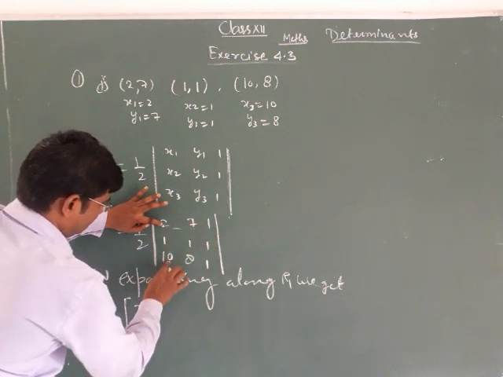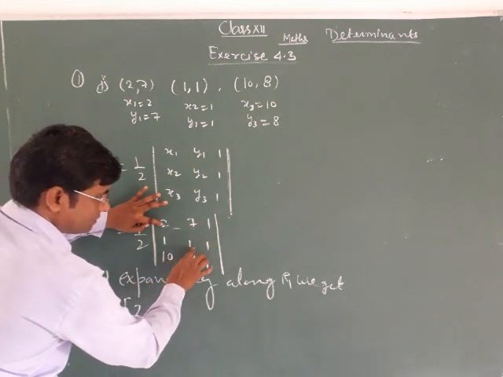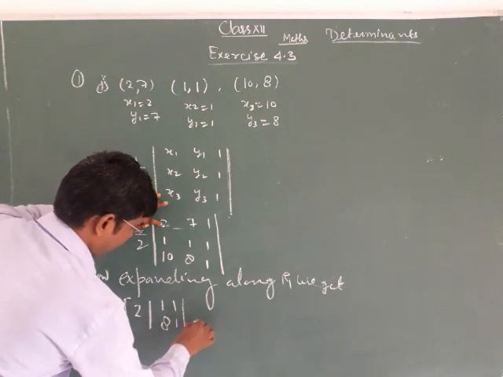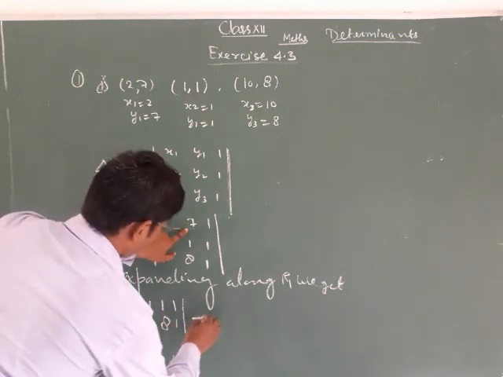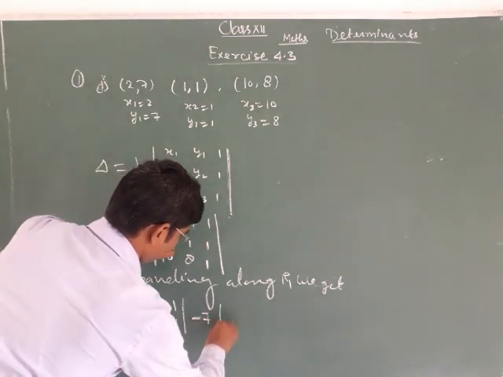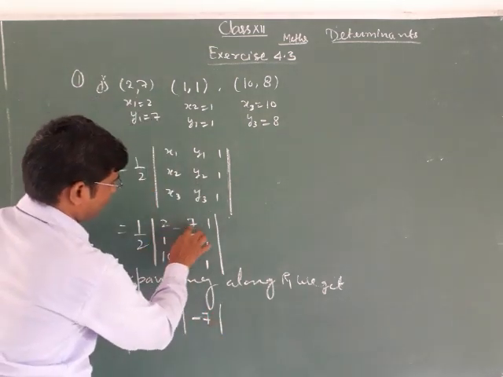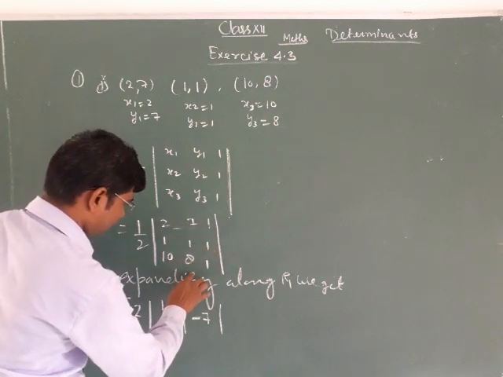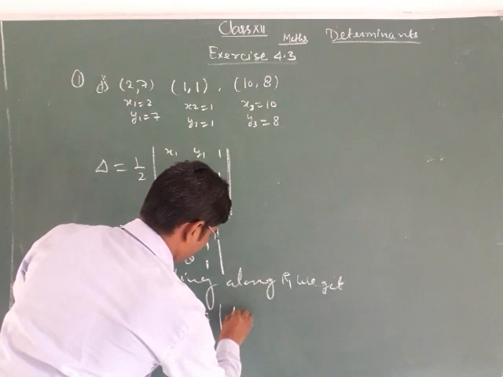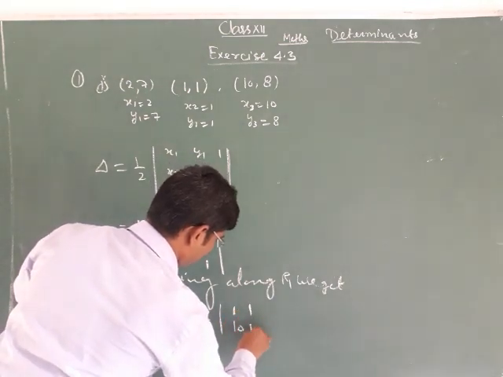Taking 2, we eliminate its row and column, so the rest of the determinant is 1 1 8 1, with signs plus, minus, plus. Minus 7, eliminating its row and column, gives 1 1 10 1.